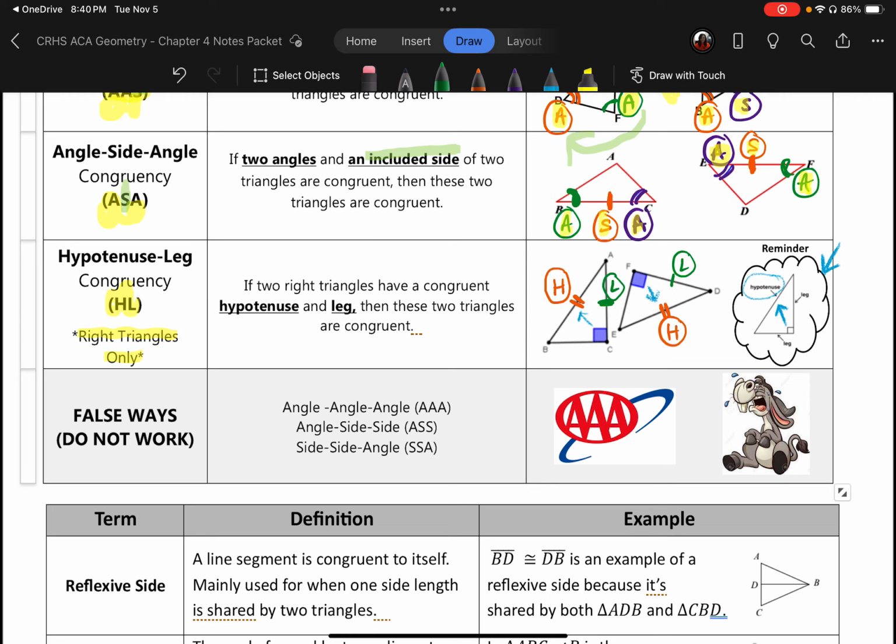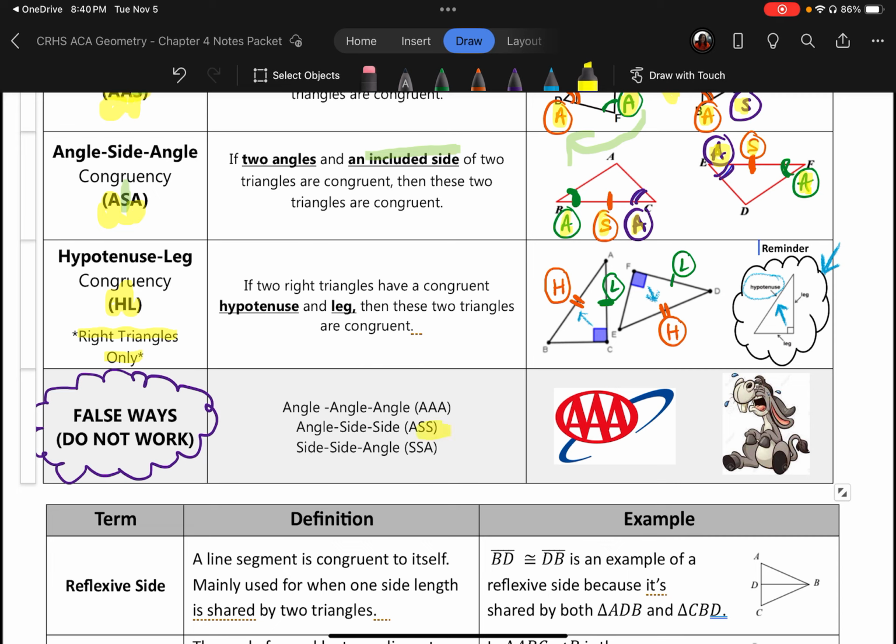All right, and so this will make more sense as we look at some examples here, but we talked about the 5 ways to prove that two triangles are congruent. Let's talk about the ways that do not work. And that's this last section right here. What are my ways that do not work for proving triangles are congruent? The 3 ways that do not work are listed here in the middle.